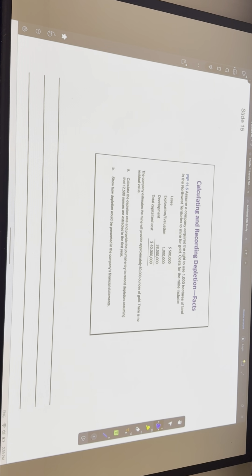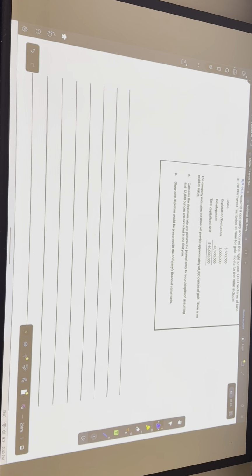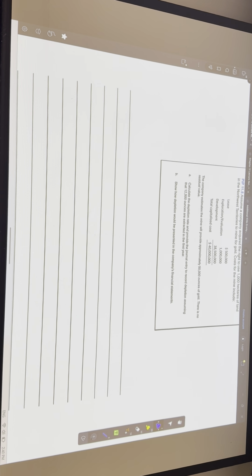Once you know there's enough iron or coal, copper, magnesium, diamonds or gold, whatever it is that you're mining, then you start developing it, and you can see development cost is the largest amount of the 4 stages. And then you've got your 40,000, and of course you divide it by the number of ounces of gold. And by the way, where do you get this? This comes from the scientists.